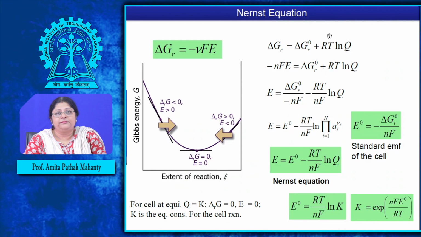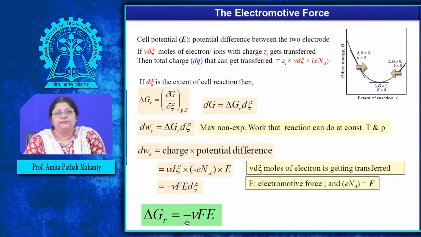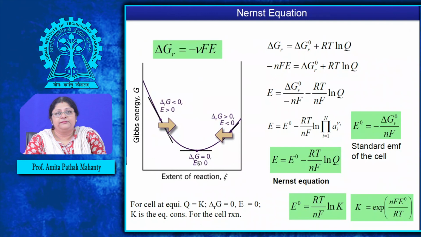Now, in comparison, just have a look at this. In the previous slide, we equated the delta G reaction as equal to minus nu F E. If I now substitute the delta G reaction as minus nu F E equal to the delta G naught of the reaction plus RT ln Q, then what can you say?